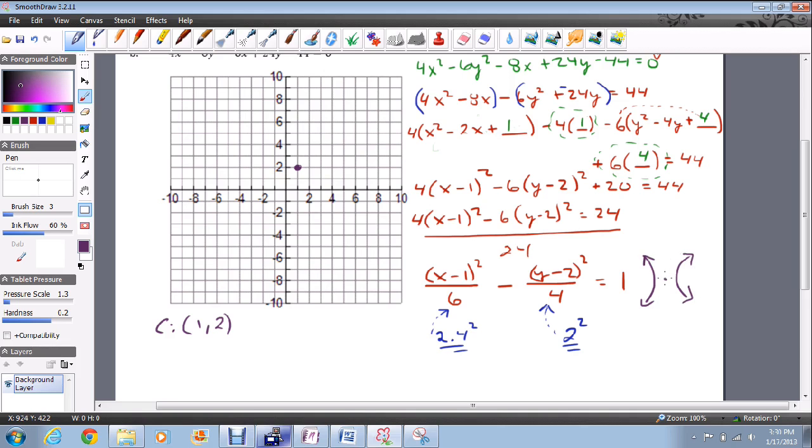So in order to find our vertex from the center, we've got to count over 2.4 in each direction. So I'm going to go over 2.4. Make your best guess. Again, make a good guess. So that's where our two vertices are going to be.